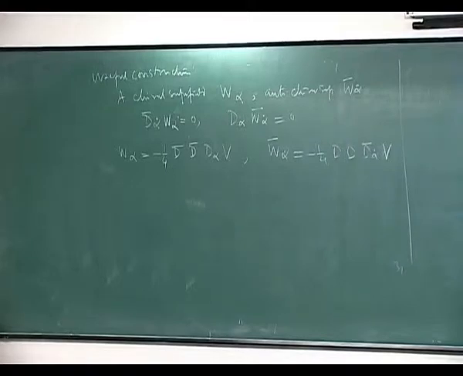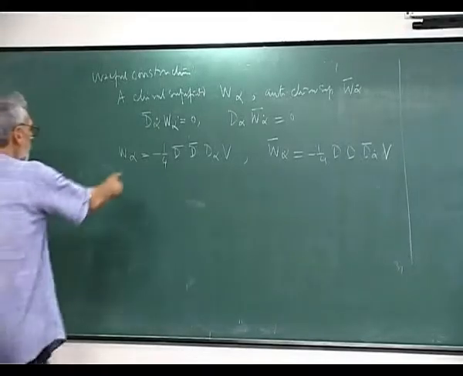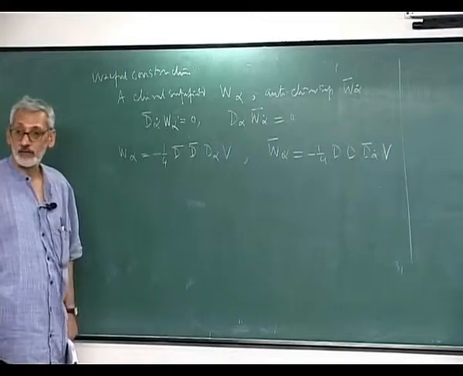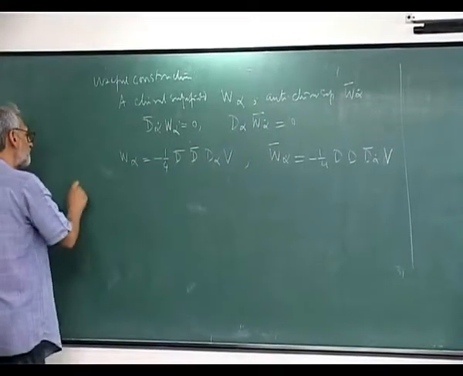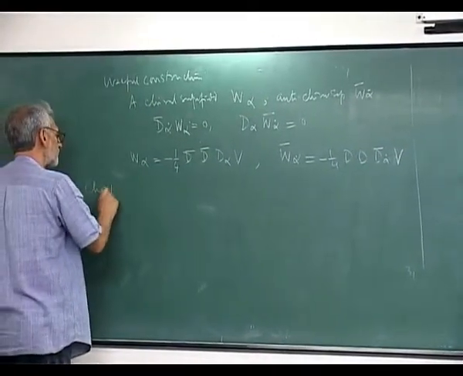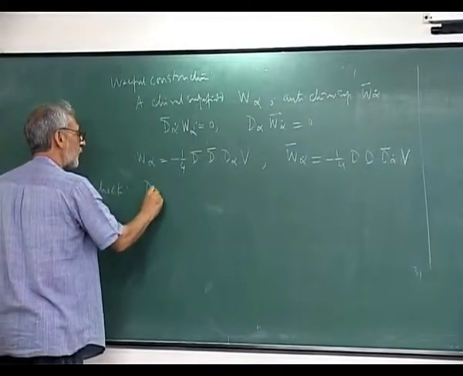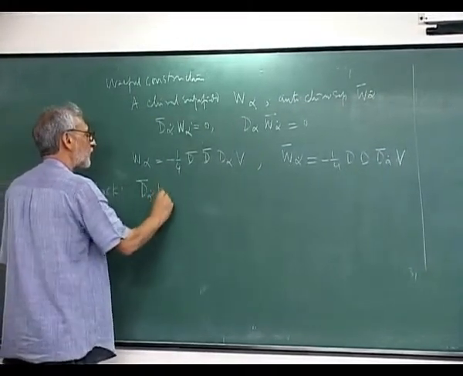It's straightforward to check that these are chiral superfields. The chiral superfield means that this object must satisfy this property. So let's check it. Evaluate D bar alpha dot on W alpha.